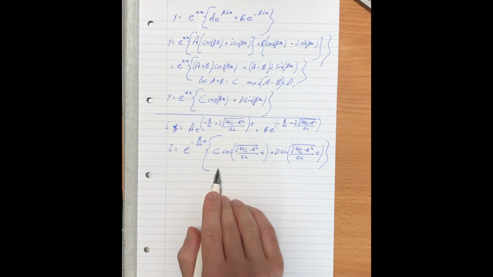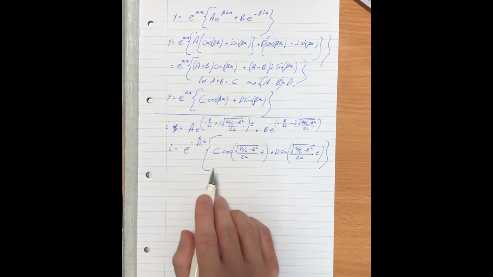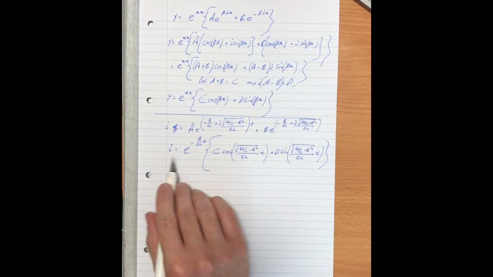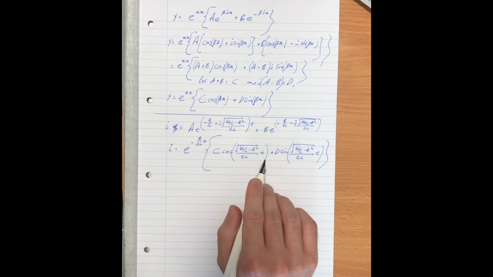So now we have a form of the description of the current as a function of time for complex conjugate roots.